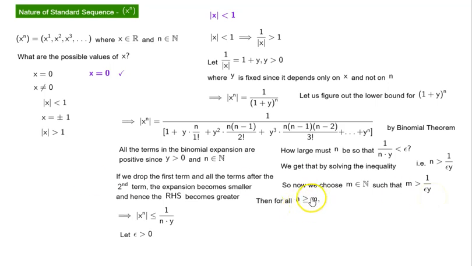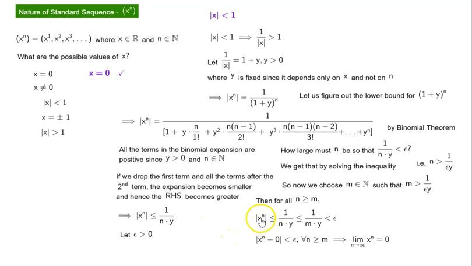Then for all n greater than or equal to m, magnitude of x to the power of n is less than or equal to 1 by n times y, which is less than or equal to 1 by m times y, which is less than epsilon. Just go through this and see whether this chain of inequalities holds.